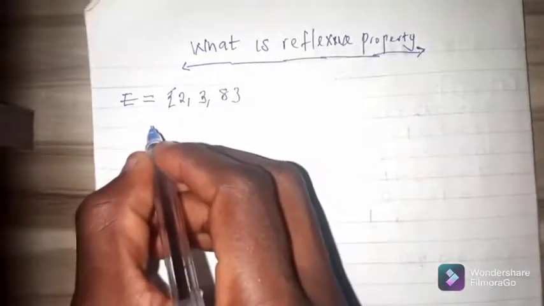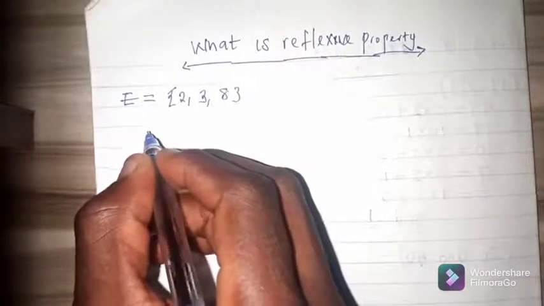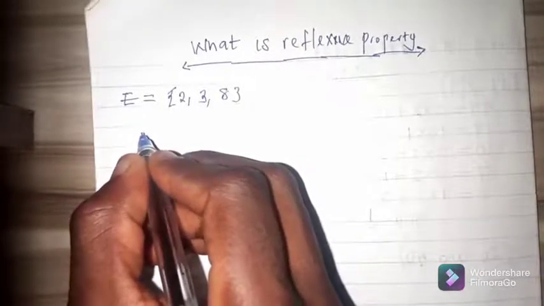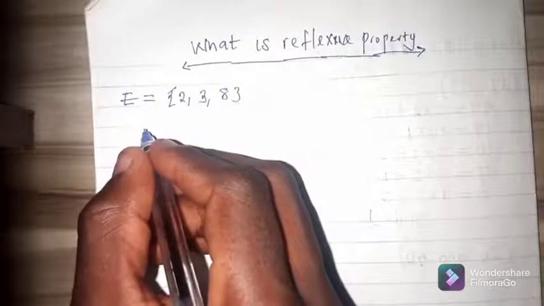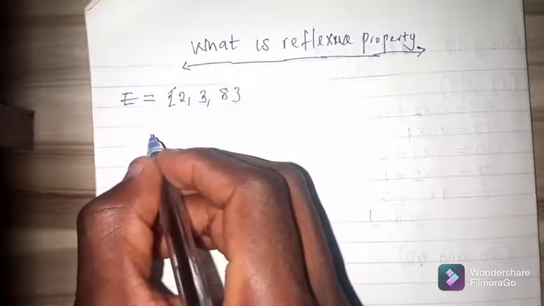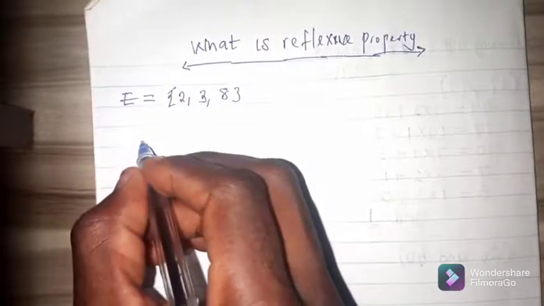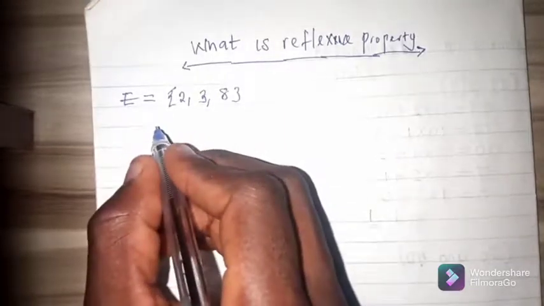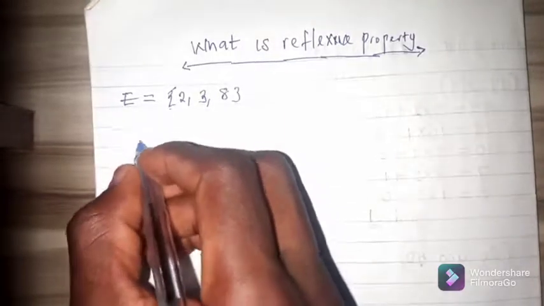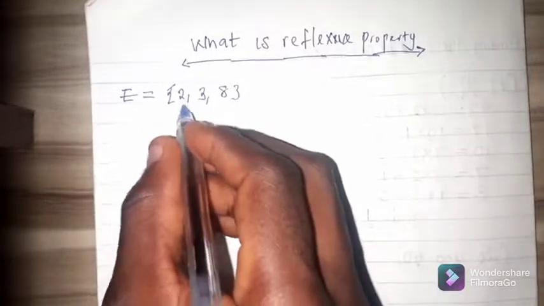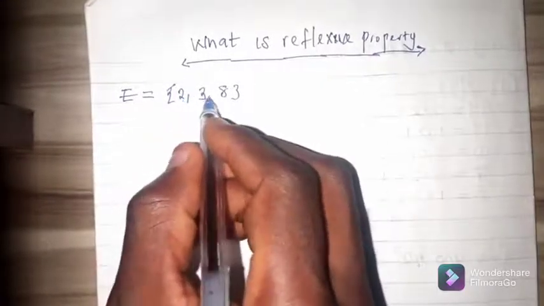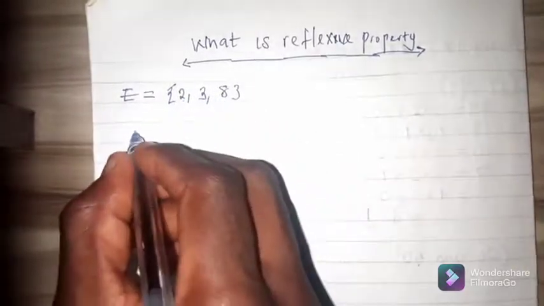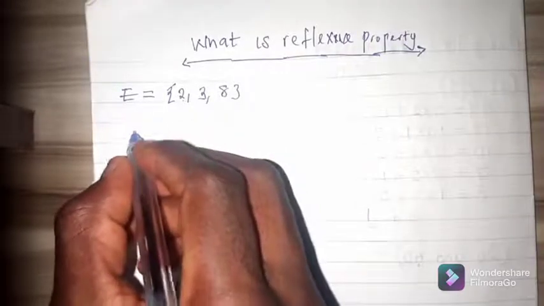Now, using the knowledge of Cayley tables, if you have not watched the video on Cayley tables, please do so. Using the knowledge of Cayley tables and the Cartesian product table, we want to find the relations of 2, 3 and 8. So I'm going to draw the table now.